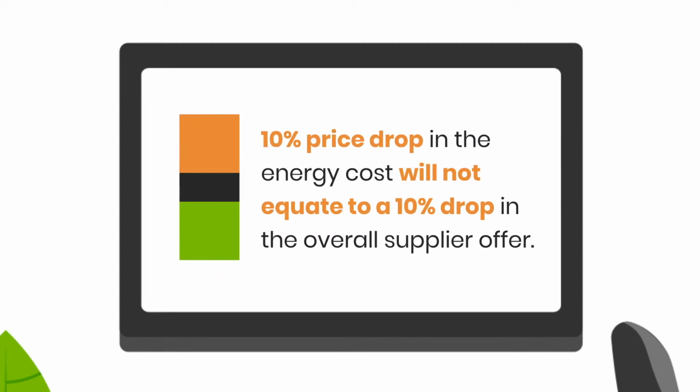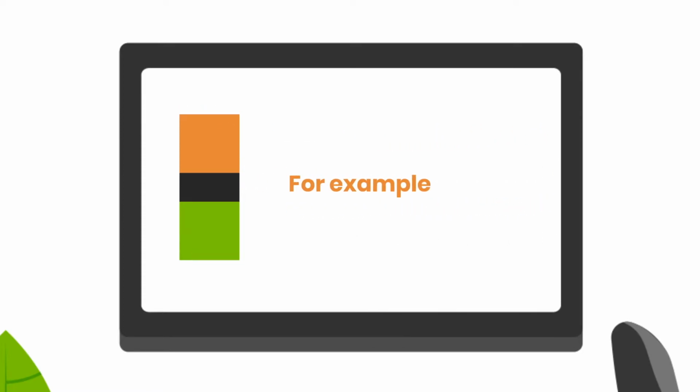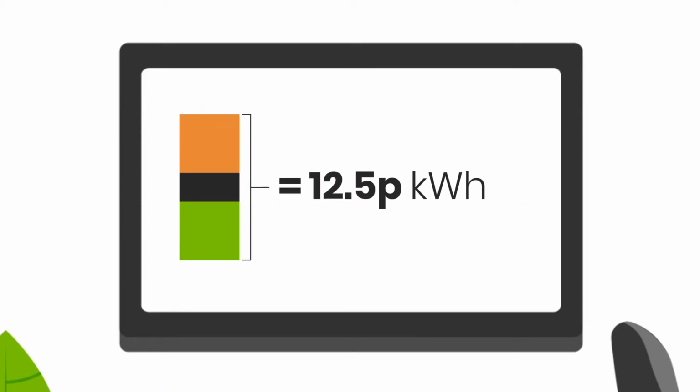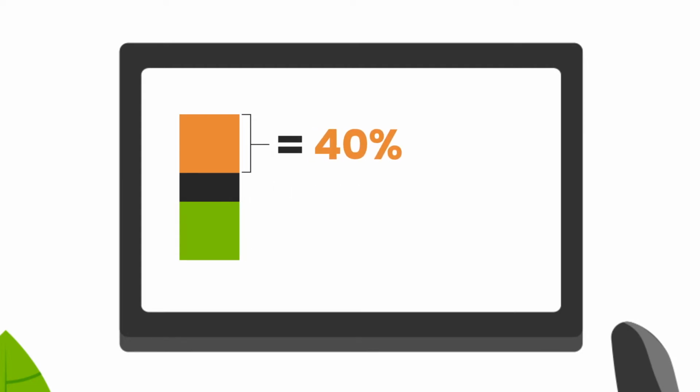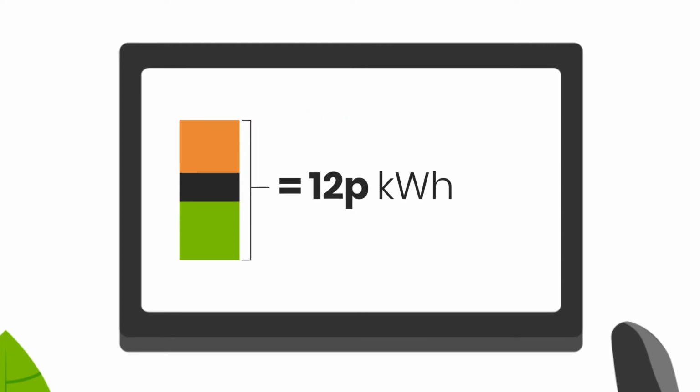So a 10% price drop in the energy costs will not equate to a 10% drop in the overall supplier offer. For example, if a supplier offered a proposal at 12.5 pence per kWh and the wholesale energy price within that proposal worked out at, let's say, 5 pence, then a 10% drop in the wholesale element would only reduce that offer by 0.5 pence per kWh.